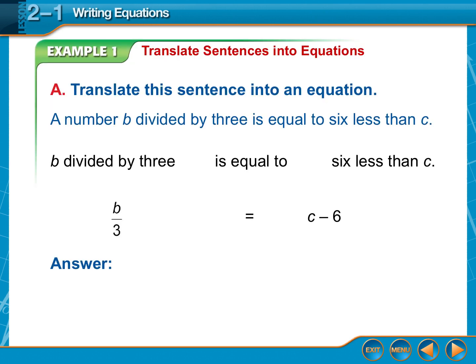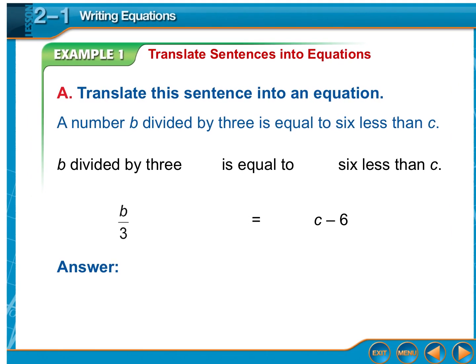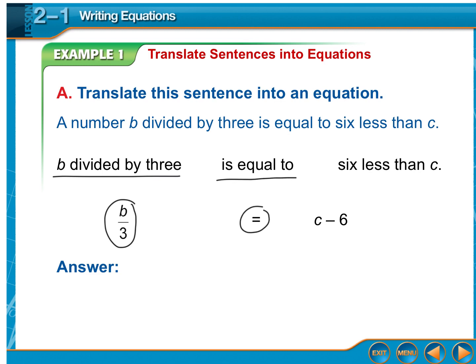So here, we want to translate the sentence into an equation. It says a number b divided by 3 is equal to 6 less than c. So it breaks it apart. It goes left to right. B divided by 3. So they wrote this. Everyone understand that? B divided by 3 is expressed as b over 3 is equal to, they got an equal sign, and then 6 less than c.